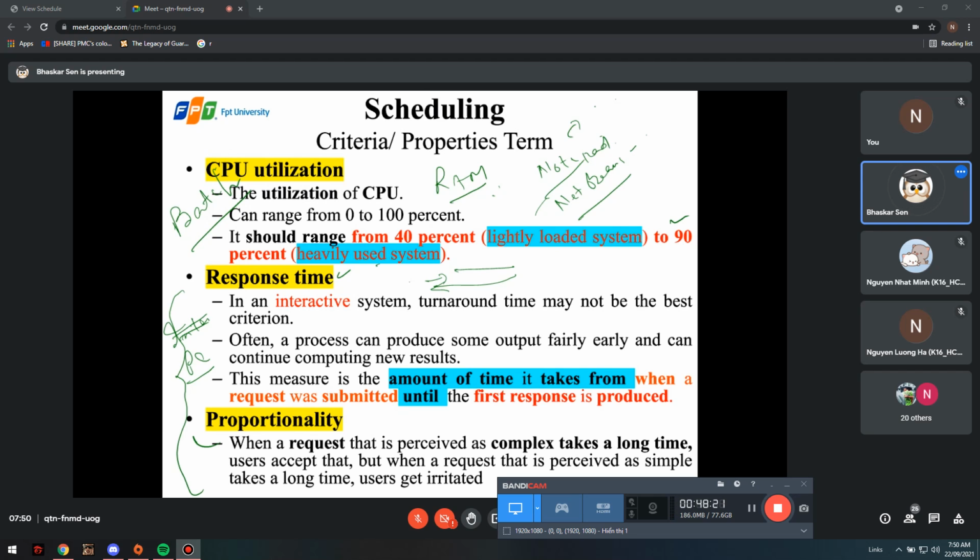So with proportionality, we do expect that NetBeans will take a huge amount of time. That we understand. Notepad, on the other hand, is lightweight software that will just jump up from nowhere.